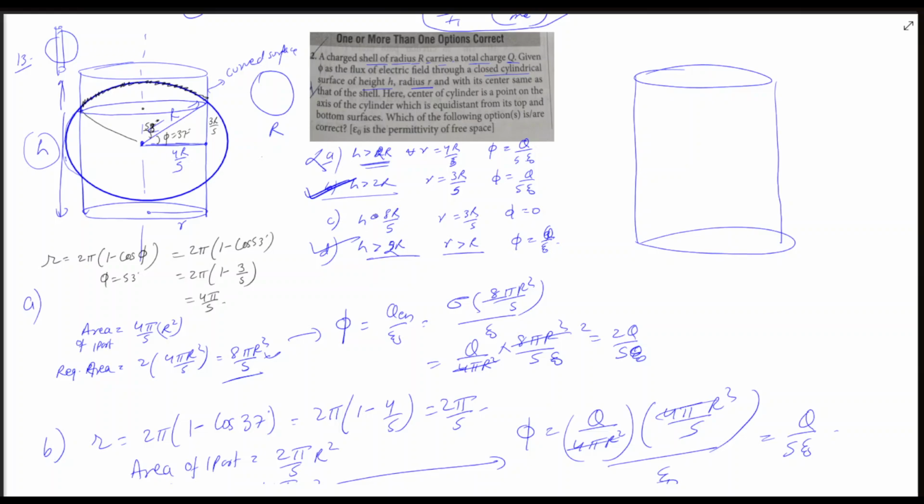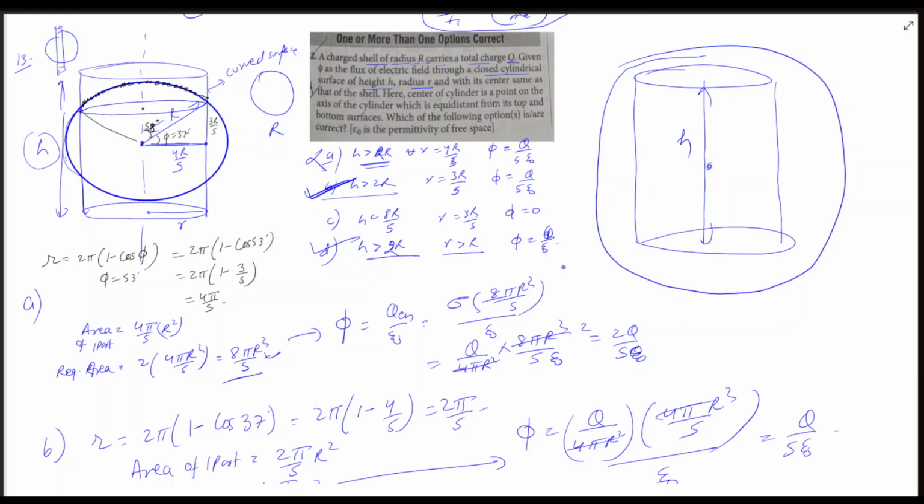Now if it is less than 8 r by 5, how will it be? So our sphere will be like this. Why? Because look, this is h, right? And if I say it is less than 8 r by 5, let's say it is 8 r by 5.